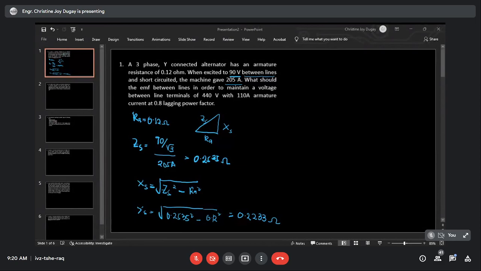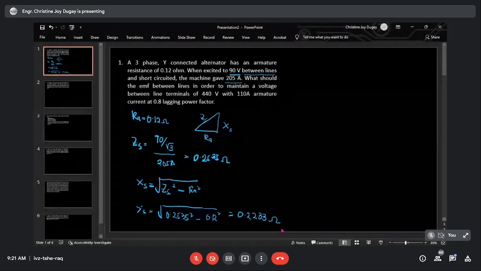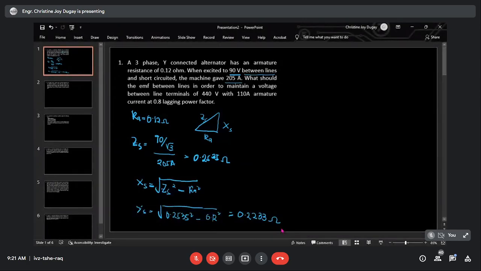Okay, so if we have there the XS, the impedance, the resistance, how are we going to know, or what equation we need to solve for the value of line voltage? Anyone? What equation do we need, or what are we going to use in order to us to determine the line voltage, no?